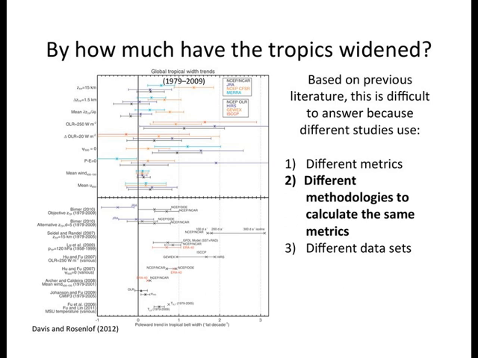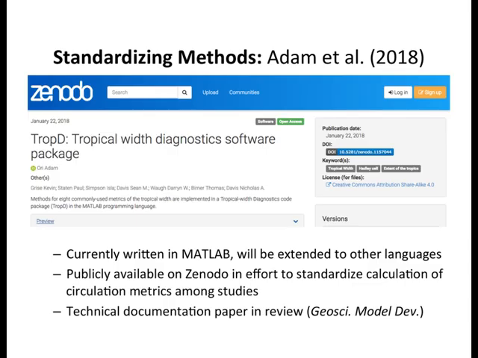So the second thing that we've tried to do is standardize the way that these things are calculated. Ori Adam, who's a working group member, has spent a lot of effort coding up basically the same metrics we used in Darren's paper into an open source code package that's now freely available online since January on Zenodo.